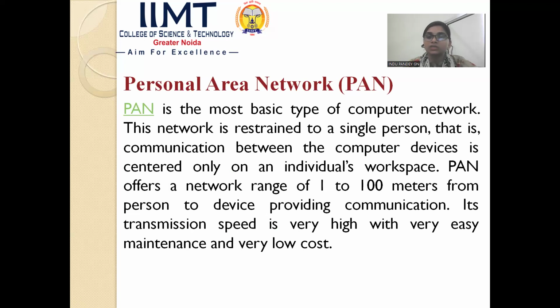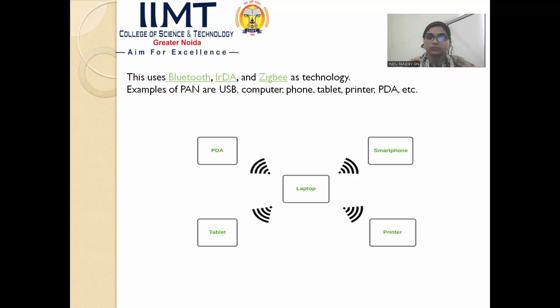Its transmission speed is very high with easy maintenance and low cost. It uses Bluetooth, IrDA, and Zigbee as technology. Examples of PAN are USB, computer, phone, tablet, printer, PDA, etc.